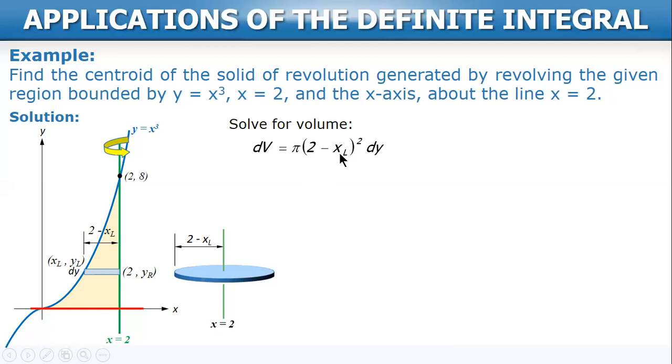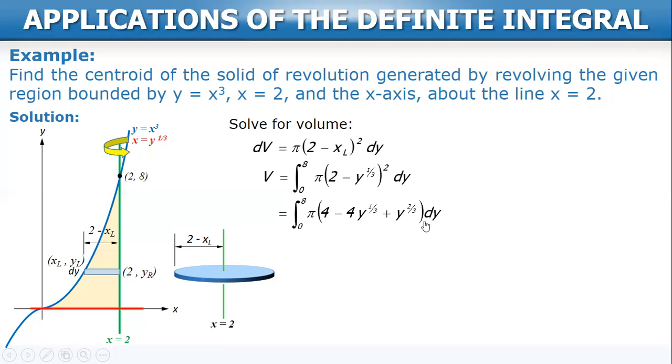And then our x sub L, we replace x by y. x is equal to y raised to 1/3. So substitute na to there, not the expression sa B. So to integrate, first you expand this one and then use power rule and evaluate sa lower and upper limits and we get the volume.